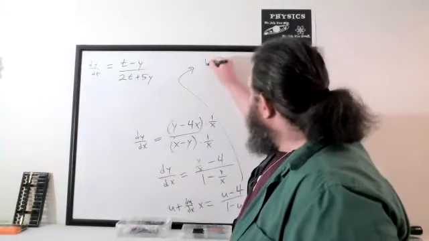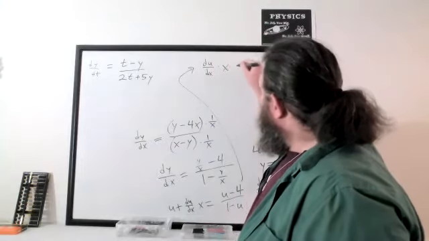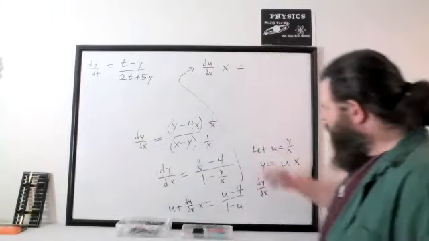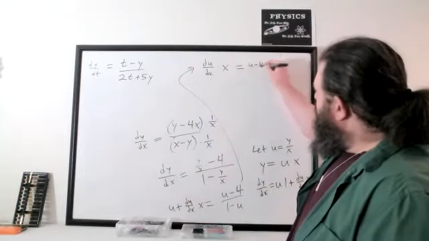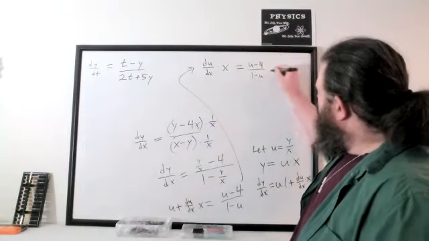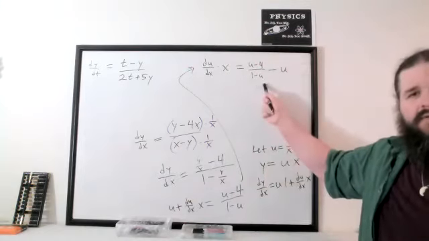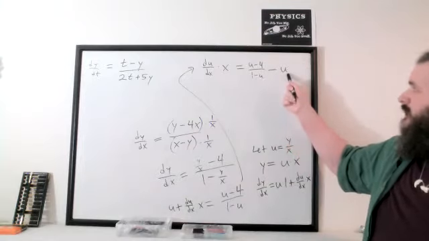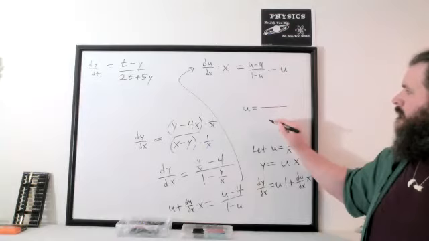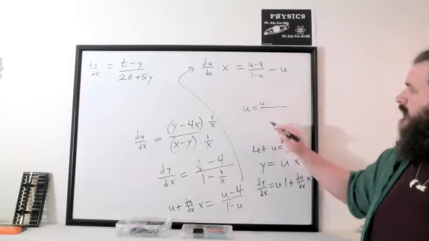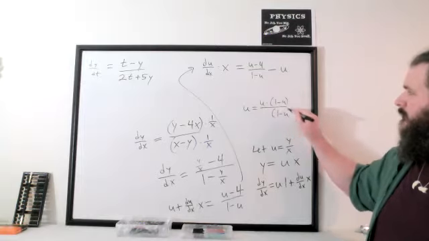So we get du dx times x equals all this minus u. And we'll probably want to combine that into one fraction, which means we'd have to change u into something over 1 minus u. And we could do that just by multiplying the numerator and denominator by 1 minus u.